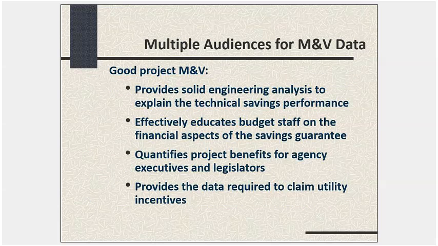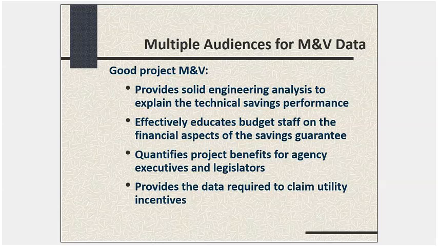But there's always multiple audiences for M&V. One is that the engineering staff wants to see technically the definition of savings and that the performance on savings is there. But there's also a budget officer typically who's looking at the contract, wanting to make sure that the financial aspects of the savings guarantee, that the data is there to support the cost avoidance as well from the savings guarantee.